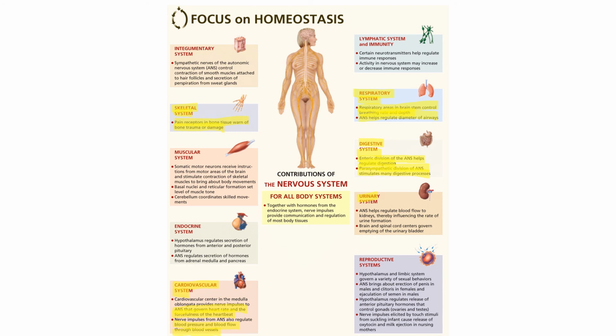In the urinary system, we're going to regulate the blood flow to the kidneys and really control or influence the rate of formation of urine. And then in the reproductive systems, the hypothalamus regulates the release of anterior pituitary hormones, which really have a lot of control and regulation over the ovaries and testes.